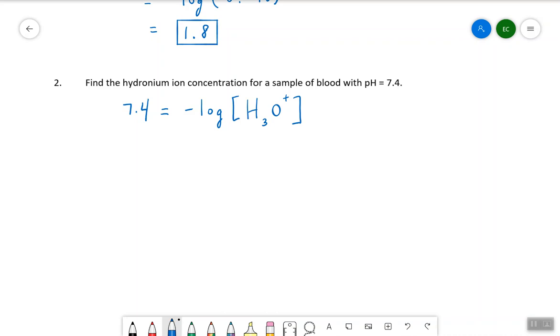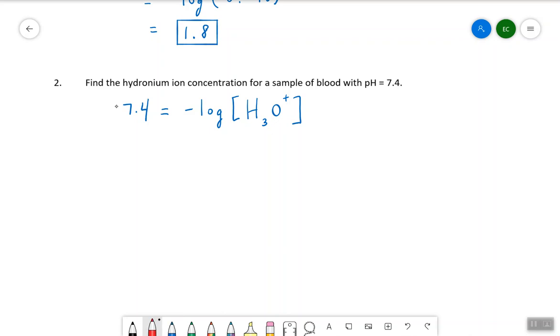And let's see here. If we're going to solve for the hydronium ion concentration, then there are two things we need to move out of the way. We need to move this negative sign first, and then we need to get rid of the log as well. So let's do this one at a time.